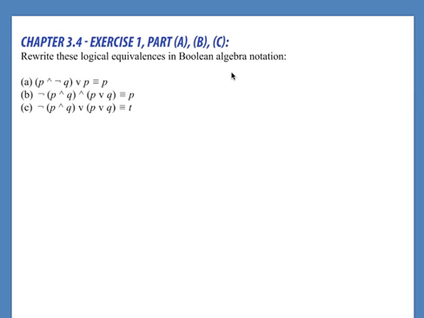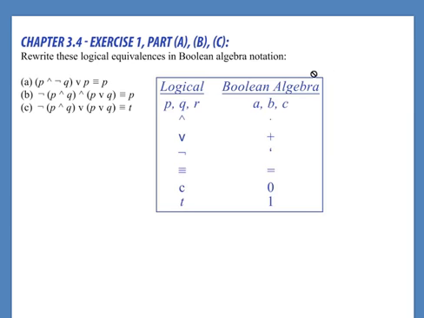So it helps translate the different symbols. If you look at a chart of comparisons, what I have here is just the logical and the Boolean without the sets. These are the equivalences, and that's how you're going to make the Boolean algebra notation for each of these logical equivalences. So I'm going to start with part A.